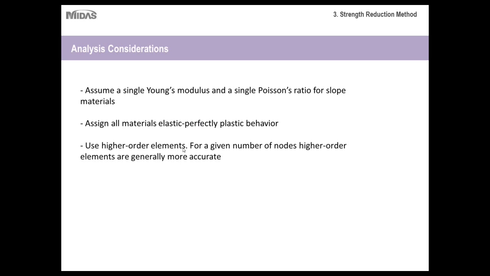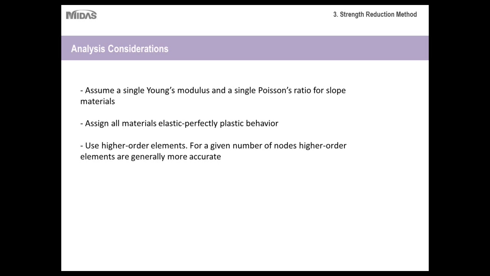And then use higher order elements. For a given number of nodes, higher order elements are generally more accurate. So higher order essentially means elements that are more refined or smaller. You'll see later on when I show you some more images of finite element models for slopes that the elements near and around the slopes are very fine, or very small.